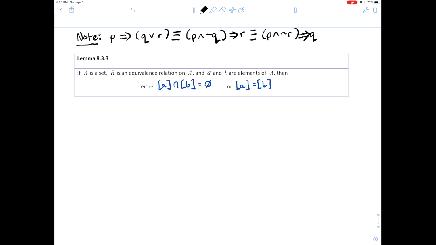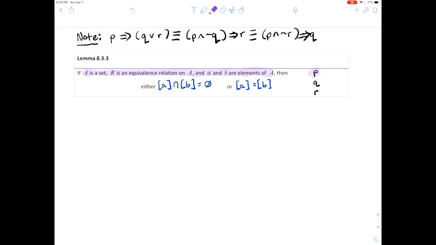So if we say that, I'll highlight what corresponds for P, Q, and R. So if we say that P is this statement, A is a set, R is an equivalence relation on A, and a and b are elements of A, all right?